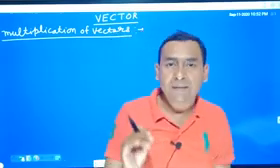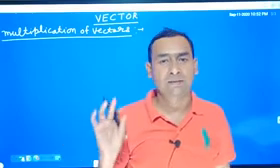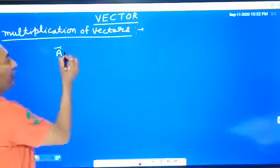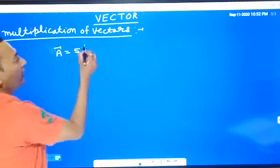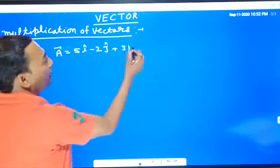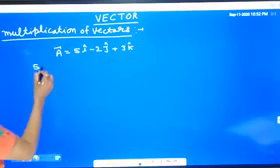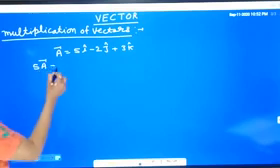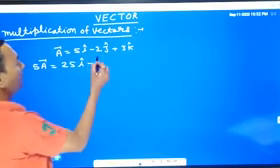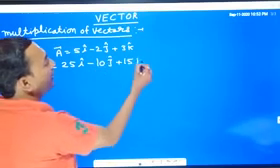If we multiply any vector with any number, then there is normal multiplication. Like that, if there is a vector a which is 5i cap minus 2j cap plus 3k cap, and this vector is multiplied with the number 5, then 5a vector is 25i cap minus 10j cap plus 15k cap.